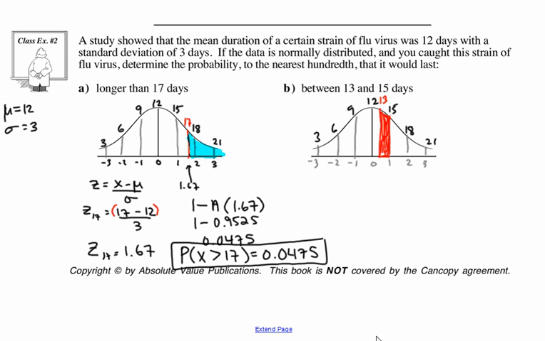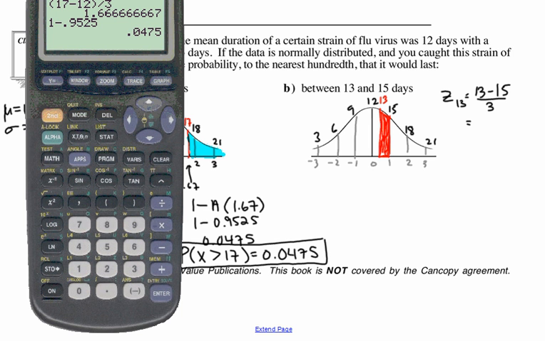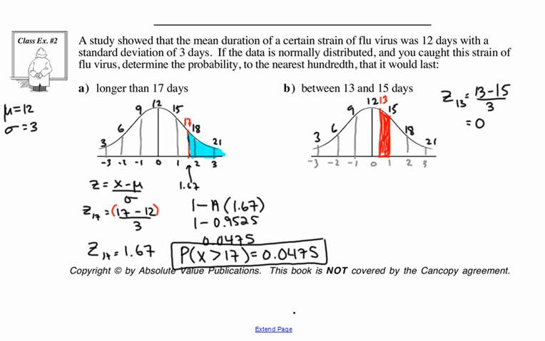So the z-score for 13 would be 13 minus our mean of 15 over 3. So in your calculator, remember brackets. Use negative 0.67. Negative 0.67. Remember, we go 2 decimal places always for z-score. So that's the z-score for the 13.